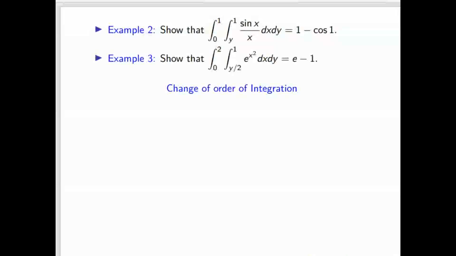So how to change the order of integration? First we will draw the picture of the region where we are integrating. Here the lower limit of x is y and the upper limit is 1: x equal to y and x equal to 1.